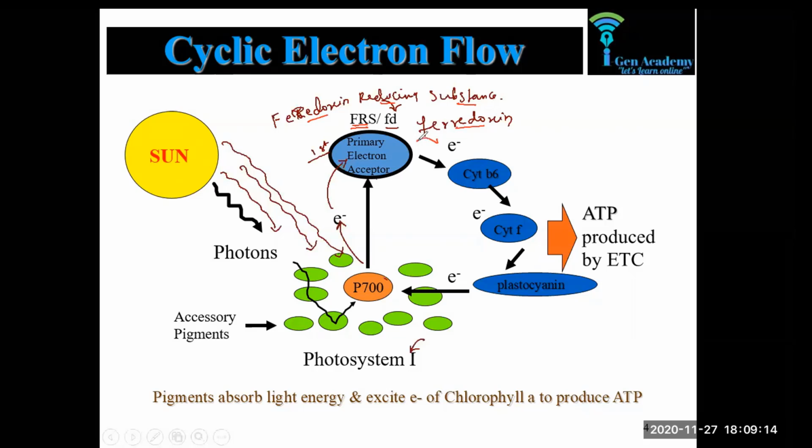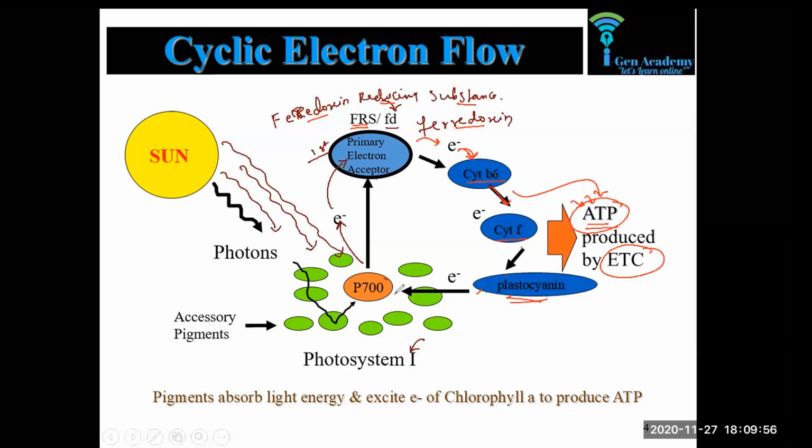The ferredoxin passes the electron to the cytochromes. Once the electron reaches cytochrome B6, it transfers the electron to cytochrome F in a chain called the electron transport chain. During this process, there is a formation of ATP, so we have ATP as a product of cyclic photophosphorylation. Cytochrome F gives the electron to a molecule called plastocyanin.